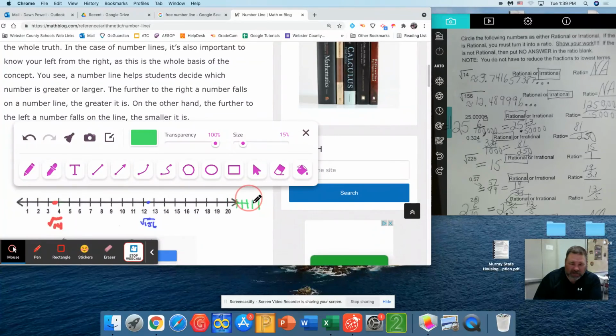Yep. I'd have to extend it out here a little bit. There's 25 right there. So at 25, a little over 25 is going to be right there. And we're going to say that that's 25.006.